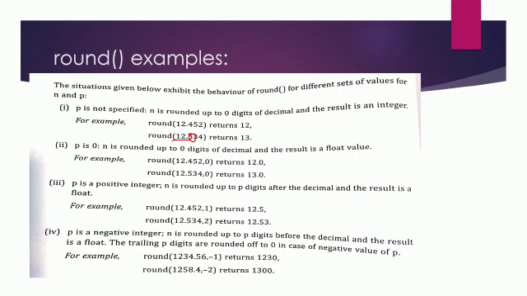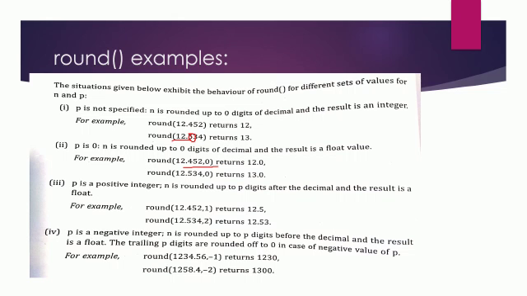Then again, round of 12.452, 0. If 0 is given, the number of places to be rounded becomes 1, meaning a 0 will be there after the point. It simply puts a 0 after the point. It gives a float value.